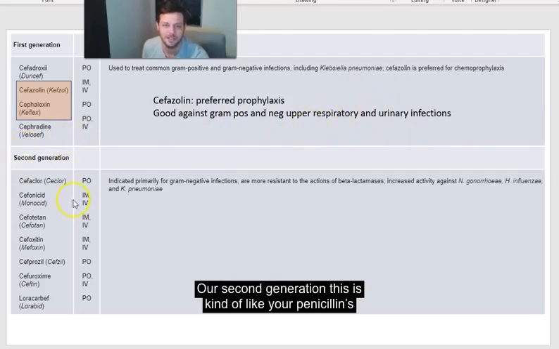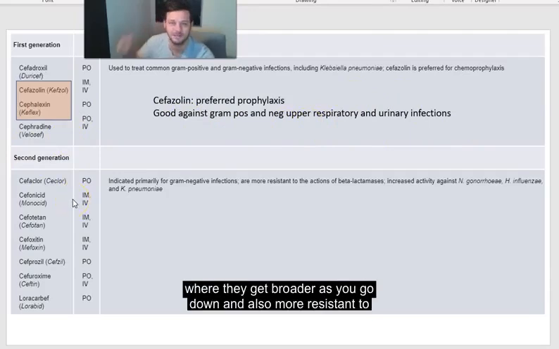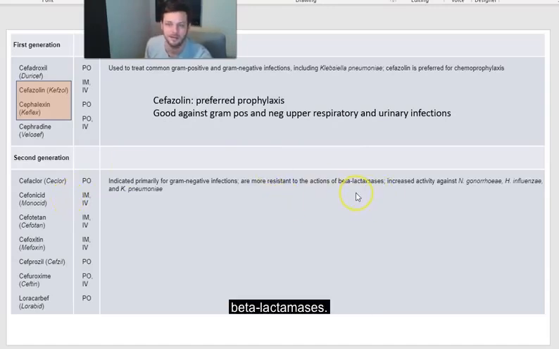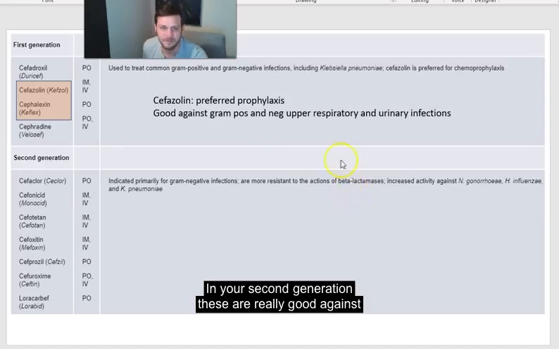Our second generation, this is kind of like your penicillins, where they get broader as you go down and also more resistant to beta-lactamases. In your second generation, these are really good against like gonorrhea, H. influenzae, and pneumonia.